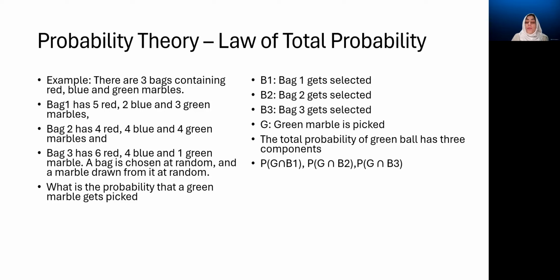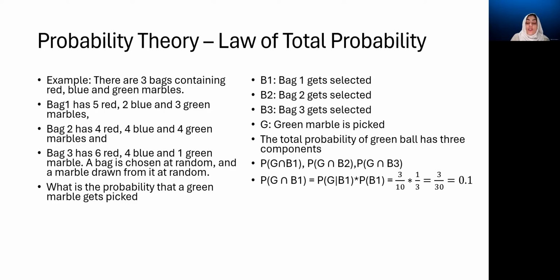So we compute the probability of observing a green ball, and we take the intersection with each of these partitions, which are overlapping with the event of observing a green ball. First we compute the intersection between observing a green ball and bag B1 being selected. And we do the same for B2, and another time we do it for B3.